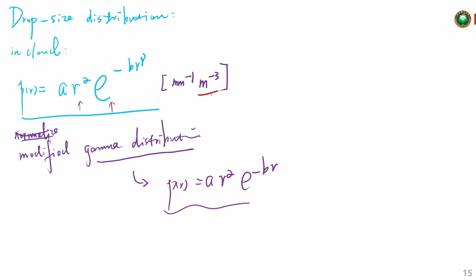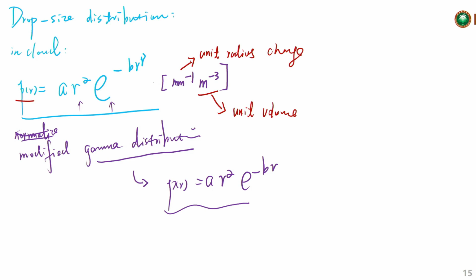This term means it is in a unit volume, and this term means it varies per unit radius change. So the drop size distribution relates to the number of drops in a unit volume per unit radius change.